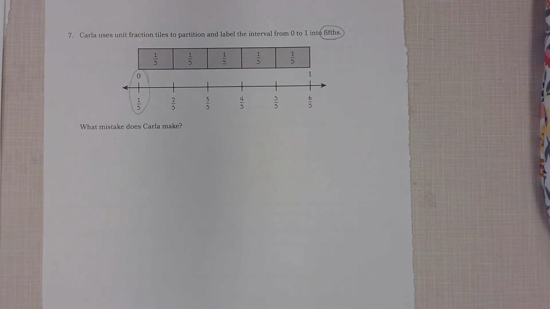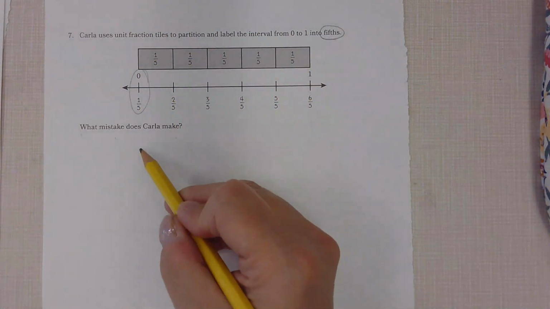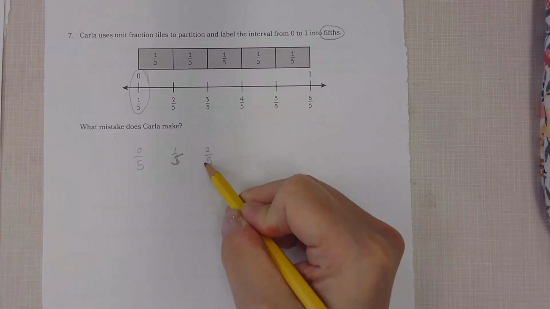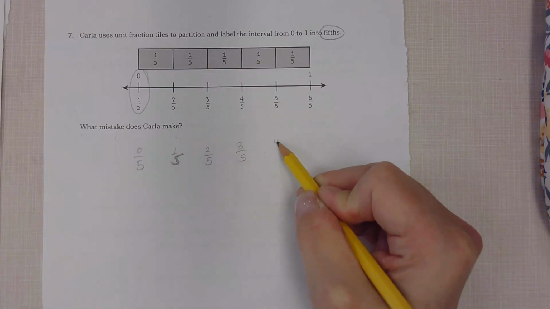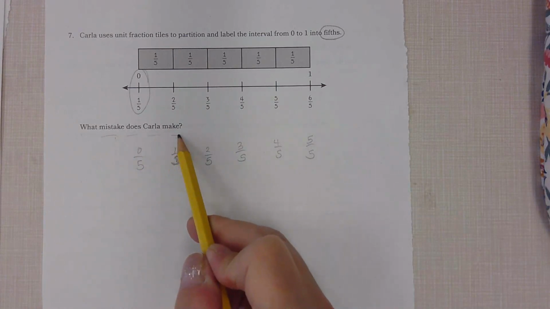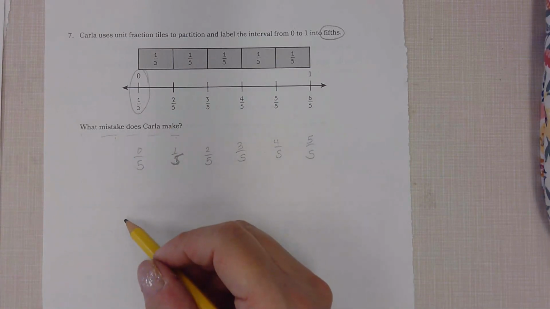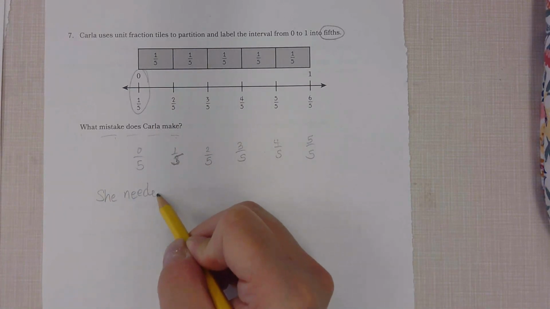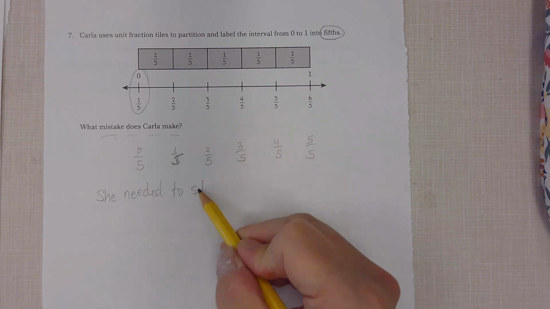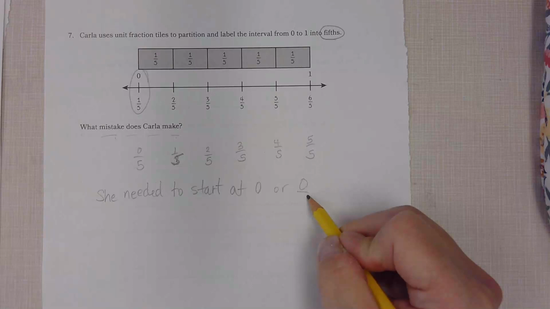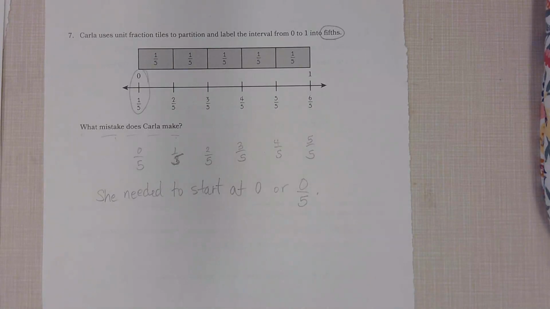She should have done 0 over 5, 1 over 5, 2 over 5, 3 over 5, 4 over 5, and 5 over 5. So the mistake that Carla makes is she needed to start at 0 over 5. That was her mistake, okay?